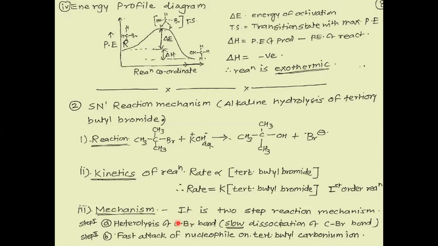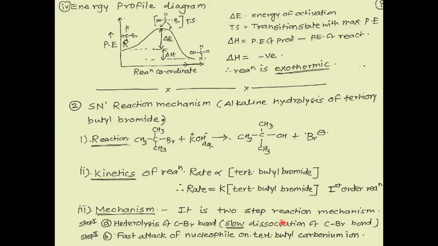So by this heterolysis, carbonium ion formation takes place. It is called dissociation of the C-Br bond, and it is a slow reaction.